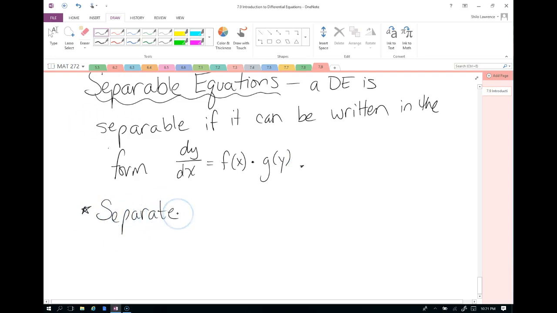And I keep using x and y, but really you could have any dependent and independent variables there. But it's important to know the difference. When you look at your derivative, the dependent variable is always in the top.